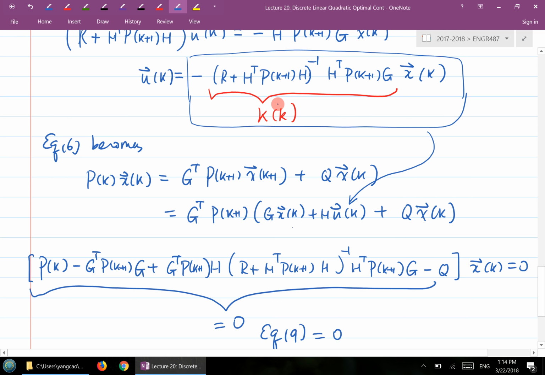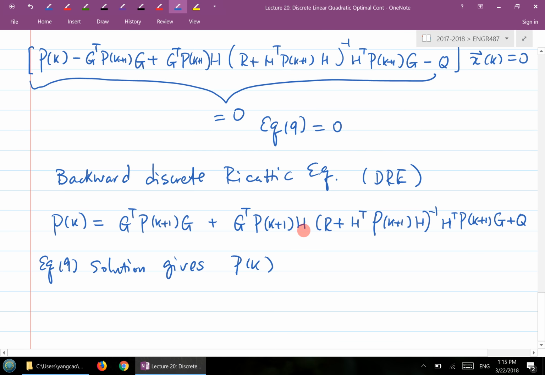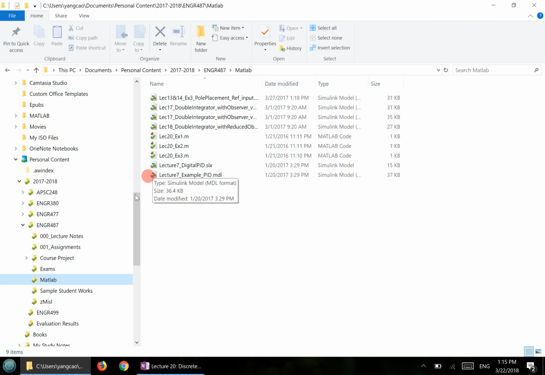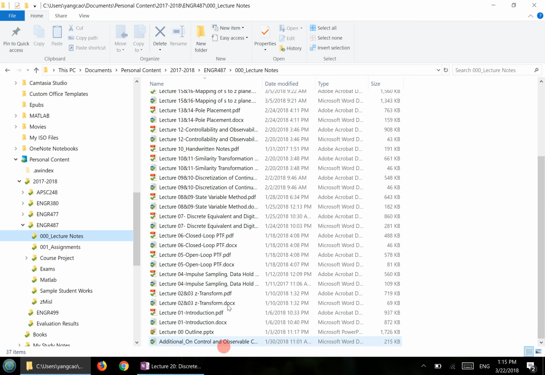So that's the connection. This equation plus that equation, two equations basically give you a solution for this optimal control input U.